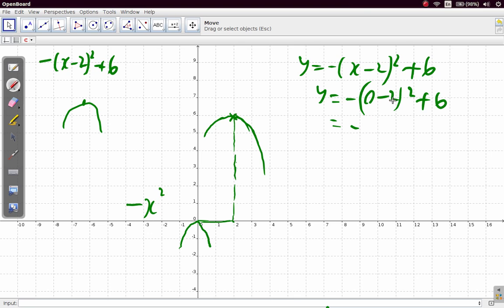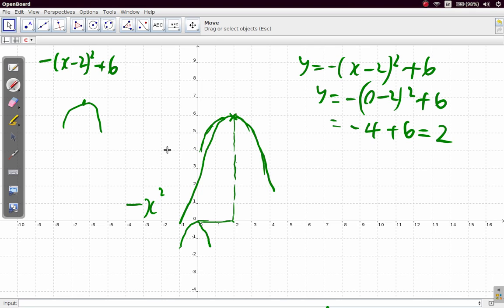So negative 2 squared is positive 4. So this negative remains, negative 4 plus 6. Negative 4 plus 6 is 2. So it should cut the graph at 2 then. Alright, let's make it like this.